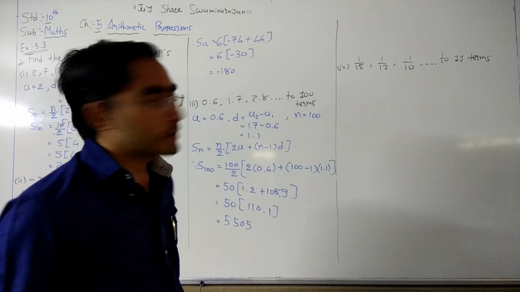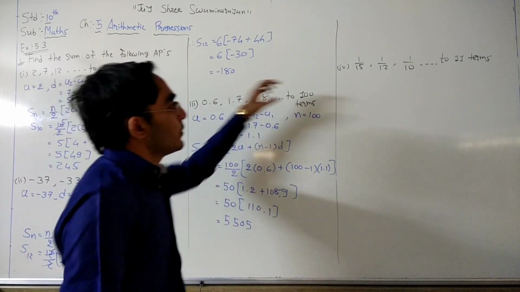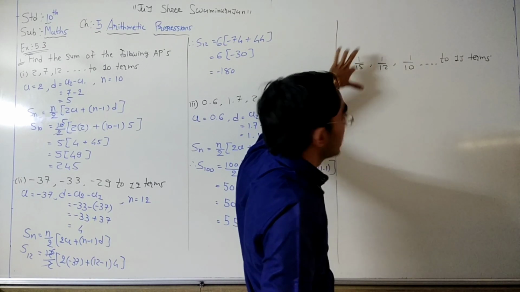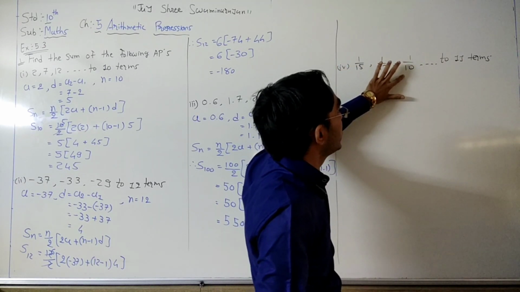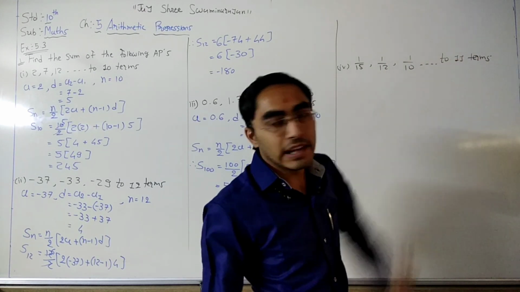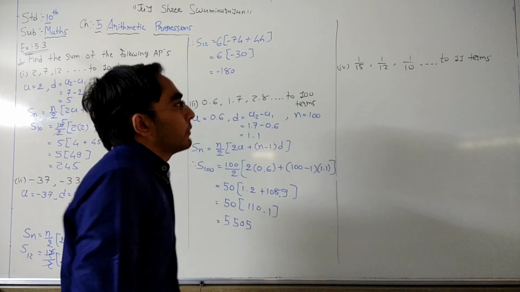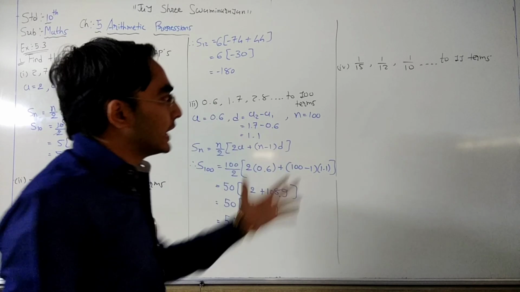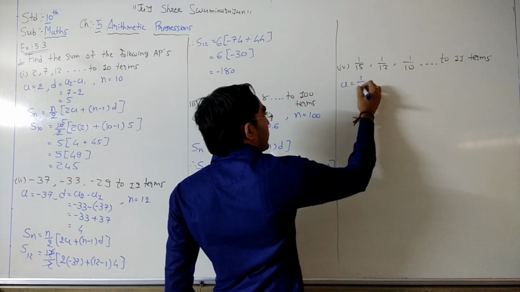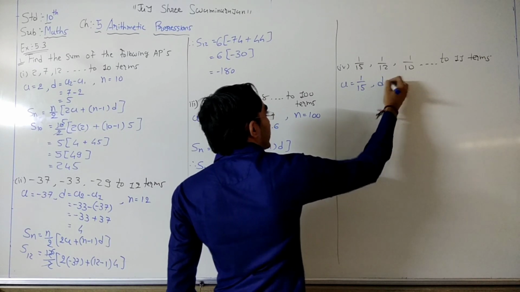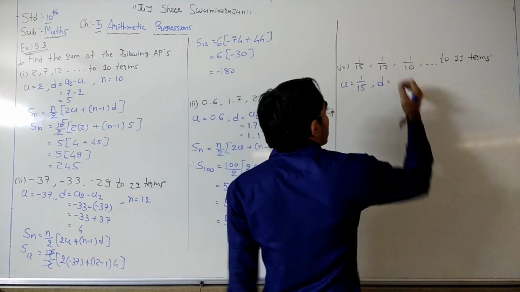Now our fourth question. Here we have 1 by 15, 1 by 12, 1 by 10, and we need to find the addition up to 11 terms. So here our first term a is 1 by 15, common difference d is second term minus first term.